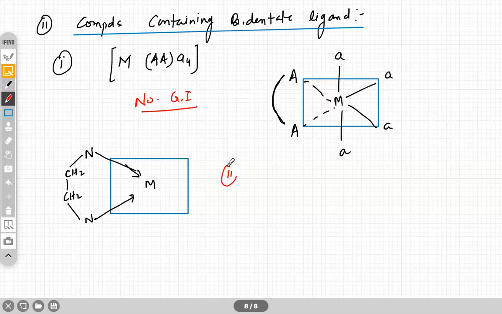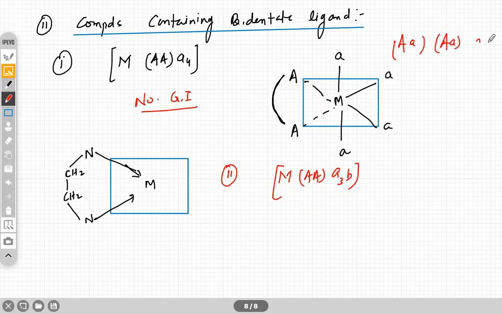If you look at the second example, we have MAA A3B type. Tell me how many GI. One more thing we can write here, just to save time in the exam, you can write AA, then again AA.